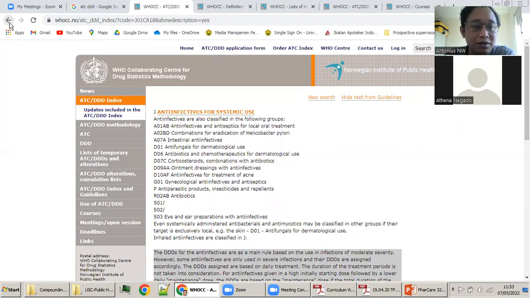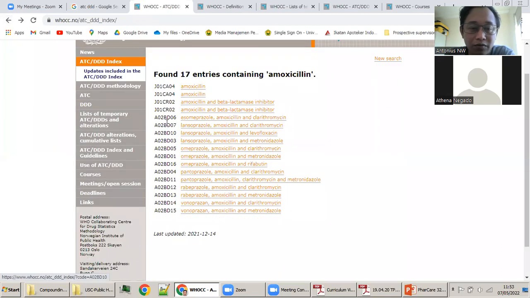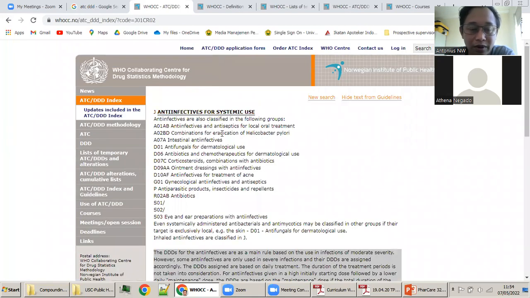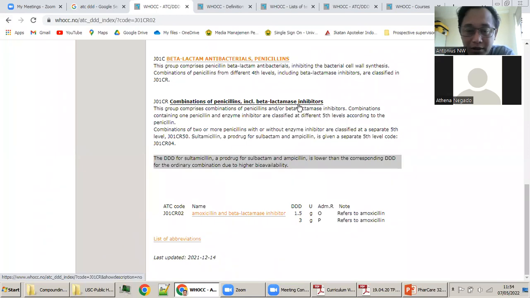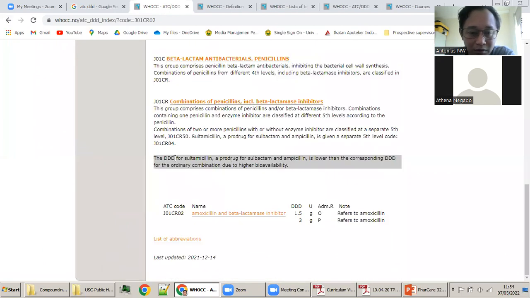So let's see another code for amoxicillin. For example, this one. This is with a beta-lactamase inhibitor. I can use this one, sulbactam and ampicillin.